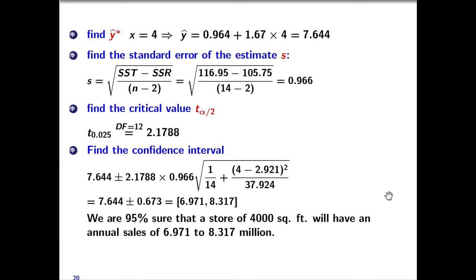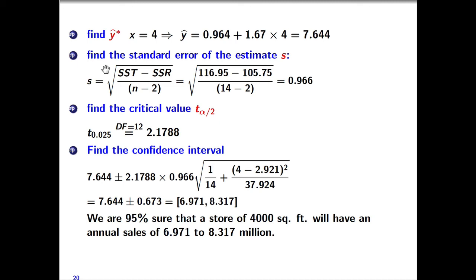We are going to solve the problem using the following steps. Step number 1, find y hat star. For x equals 4, y hat star is equal to b0 plus b1 x. So it's 0.964 plus 1.67 times 4, which is 7.644.